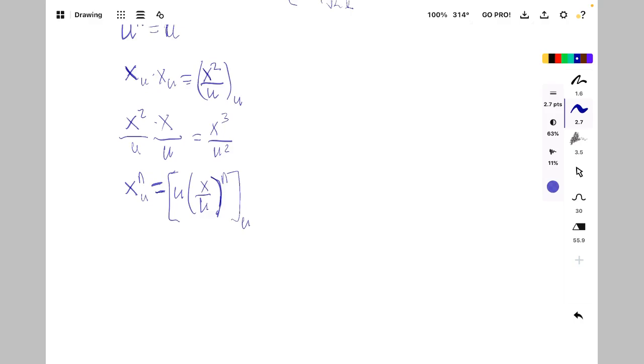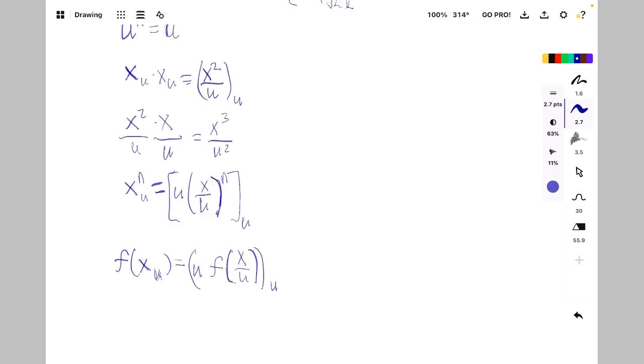Because using this, all you have to do is, for a general function f, say f of an object with a different empty product equals u times that function of x over u, using the u empty product.